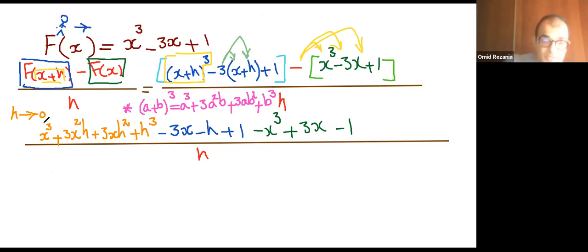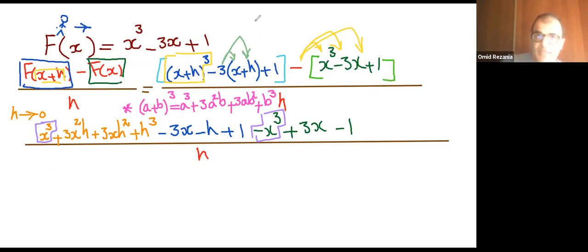I just come here to find the similar terms with the opposite sign. Look at this term, x cubed. It's exactly the same thing as x cubed here, but with the opposite sign. It means that you can kill these two terms. And also, look at the other ones.